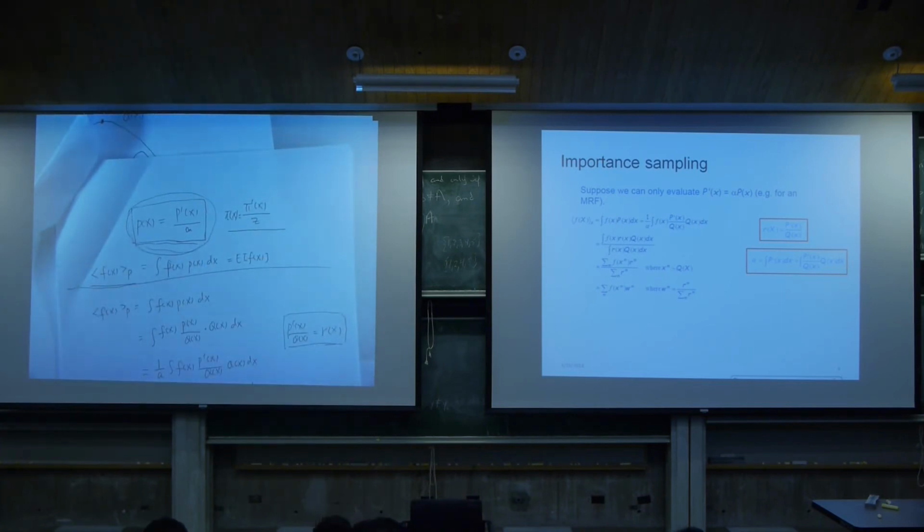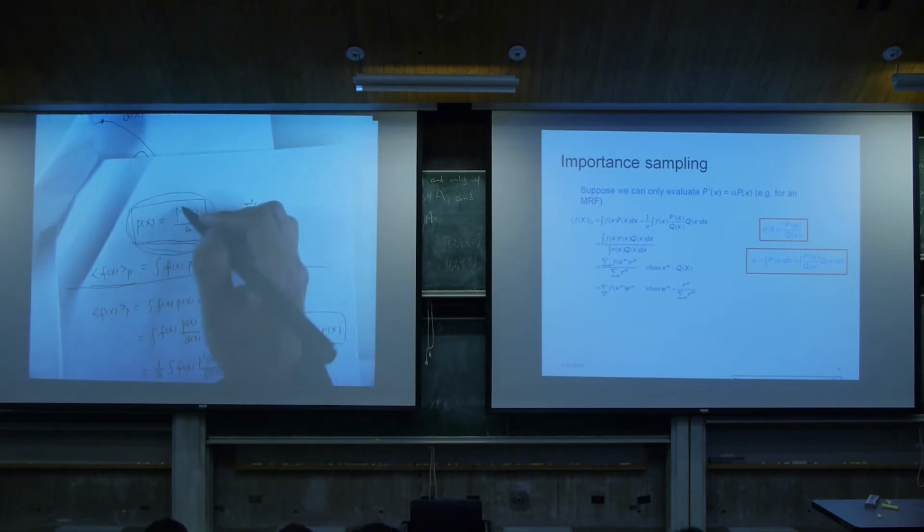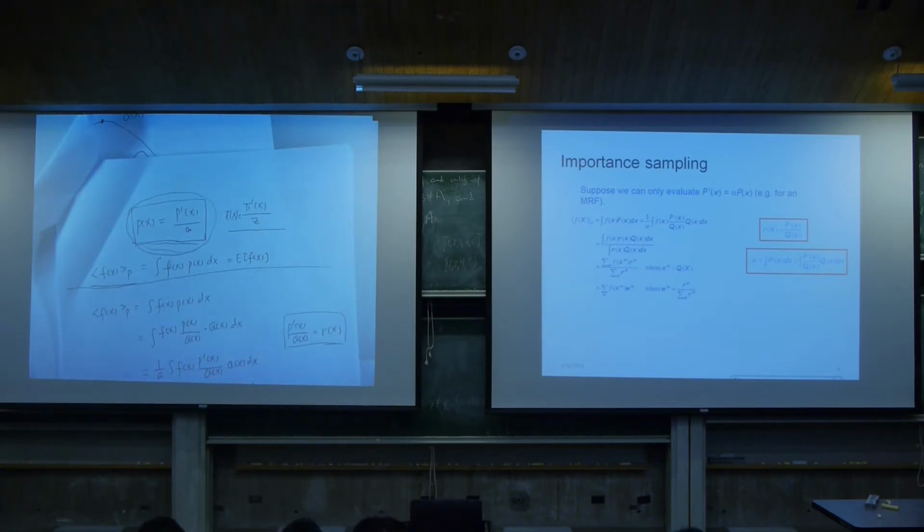Let's simply assume this. The distribution is defined in this way, and p'(x) is easy to compute, but Z is very hard. Any other questions?